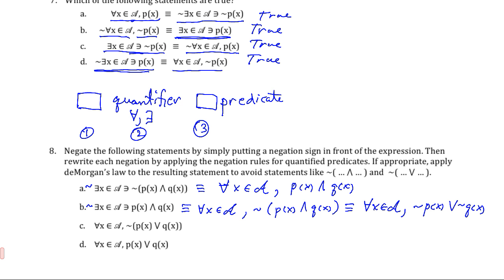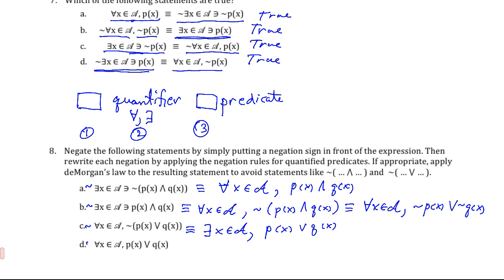For part C, I'll put the negation here, and then write the equivalent statement. I write there exists an x in A. And now when I negate the thing on the inside, I get a double negation, it just goes away, such that P of x or Q of x. Okay, nothing I can do to simplify that one.